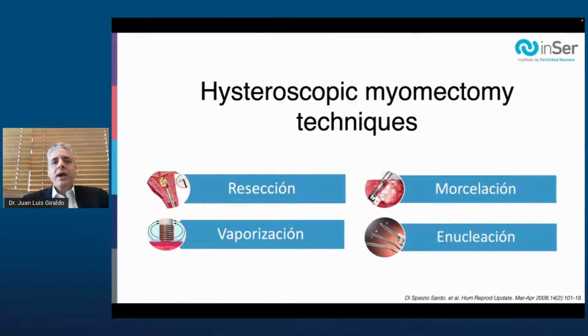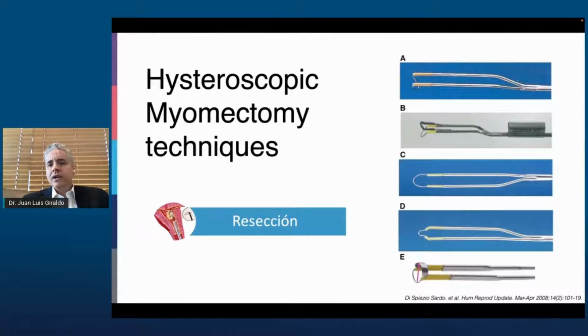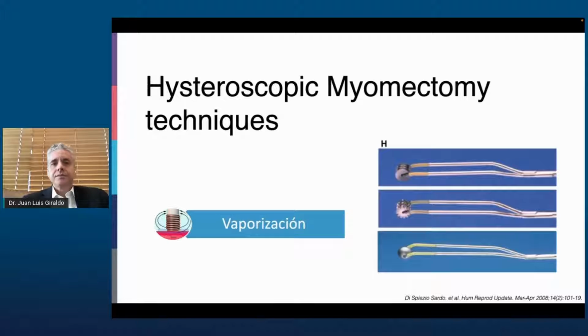So there are several ways to do a hysteroscopic myomectomy. First, you can do a conventional resection with the resectoscope, and you can use a monopolar or bipolar resectoscope, depending on the instruments that you have in your institution. But definitely you need to use some kind of energy to do a resection.